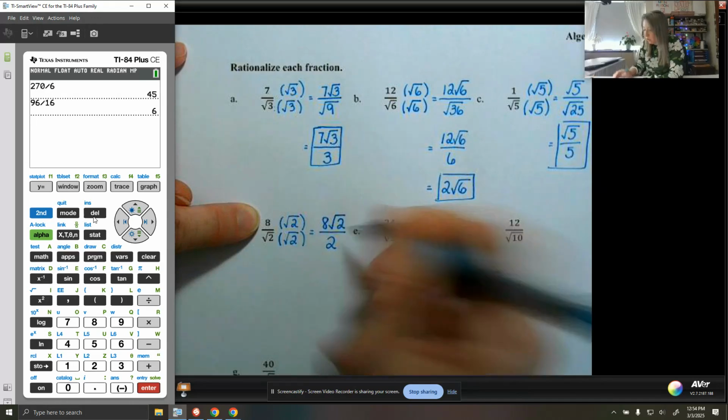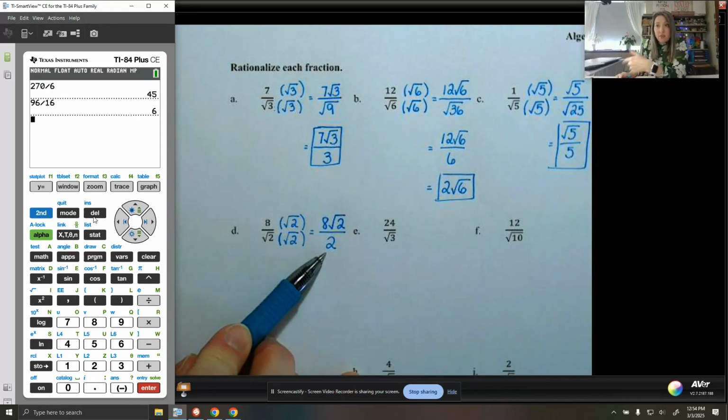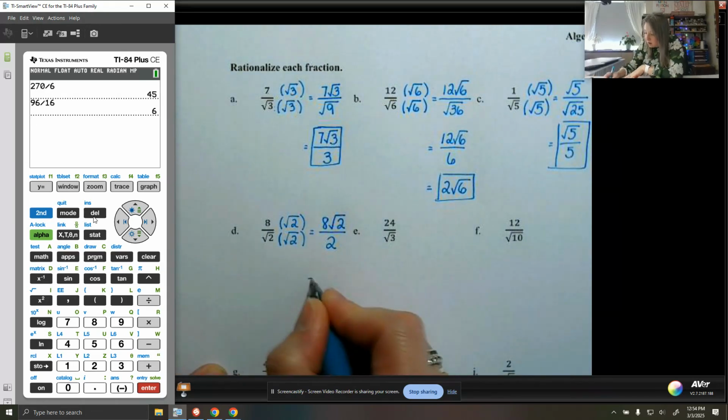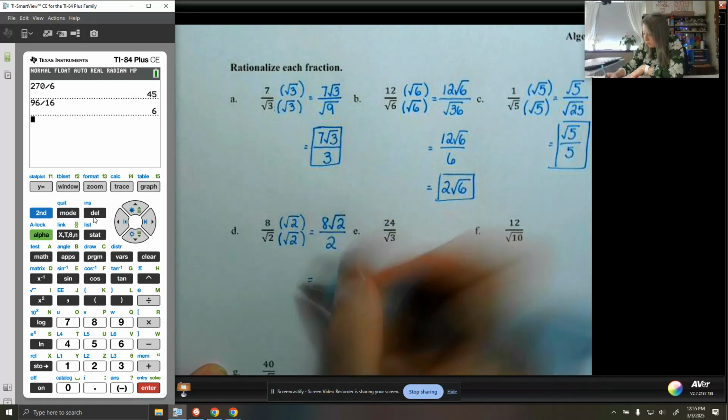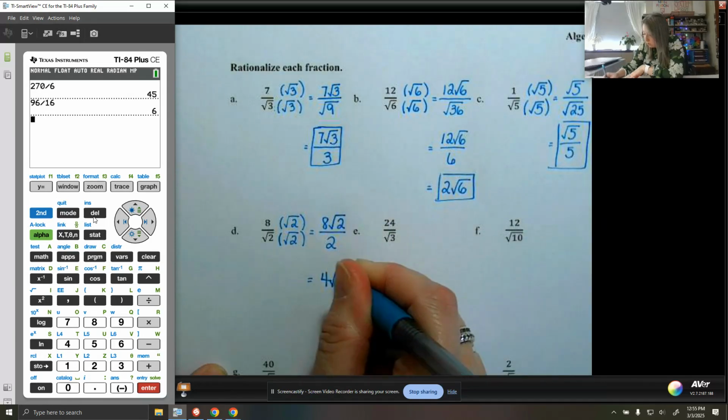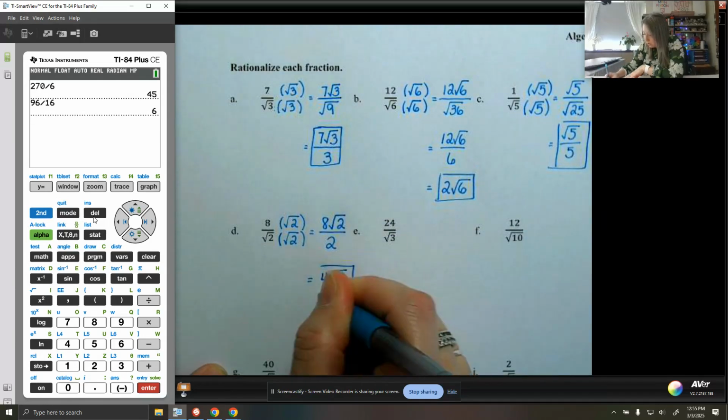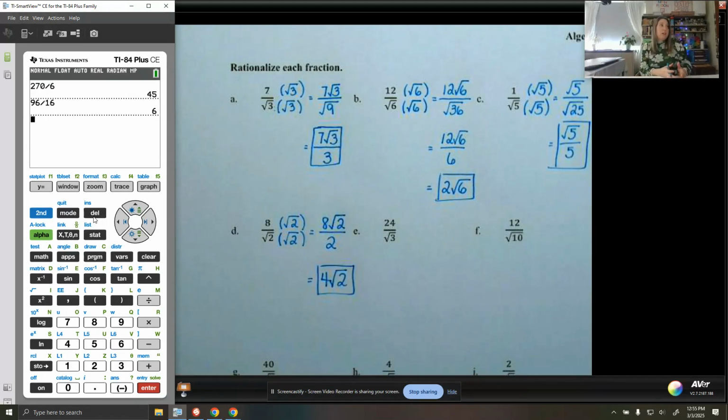Look to your coefficients, 8 and 2. Can they evenly divide by anything? They're both divisible by 2. So 8 divided by 2 is 4 radical 2 as my final answer. So notice sometimes these will stay in fractions. Sometimes they will simplify and just be some radicals, some irrational numbers.